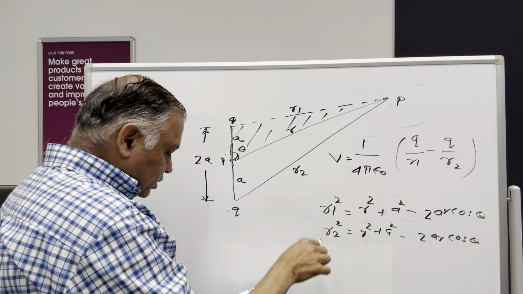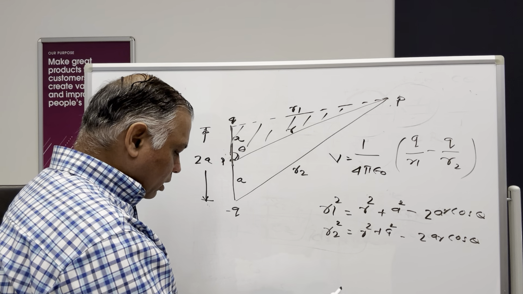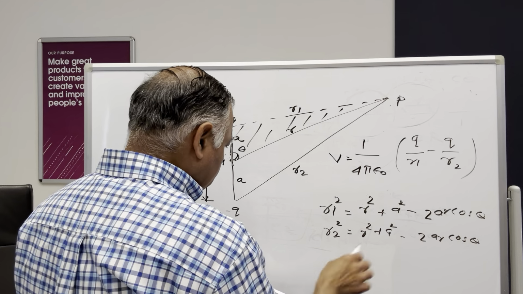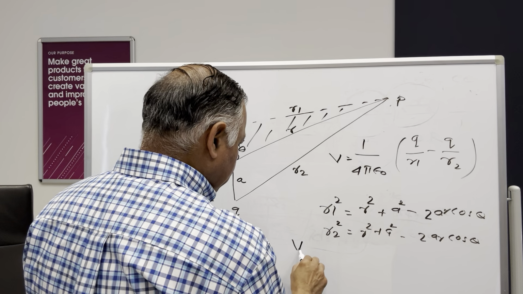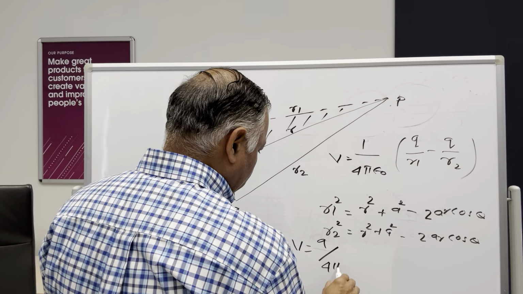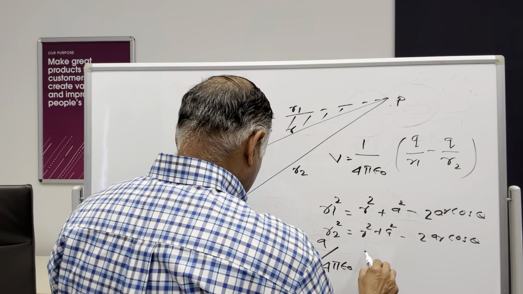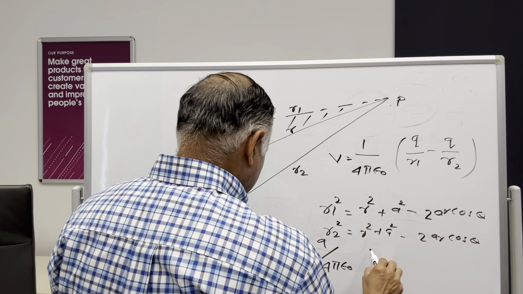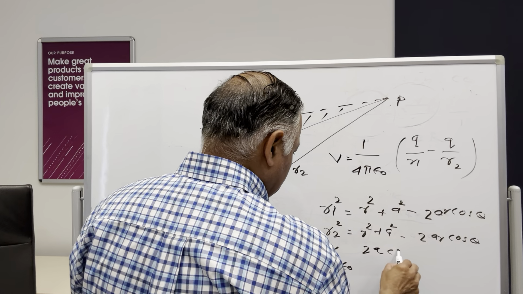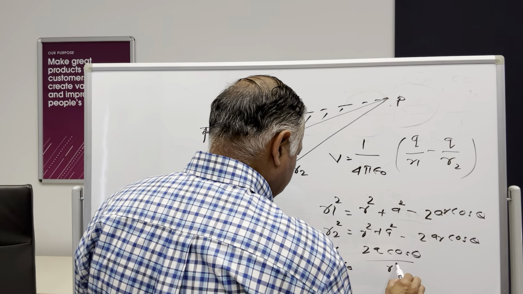So if we simplify this, find r1 square and r2 square, and plug them into our voltage equation, V is equal to q over 4 pi epsilon 0 into 2a cos theta over r square.